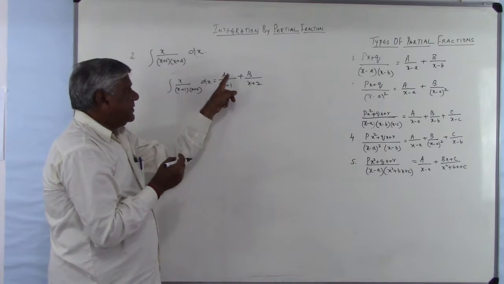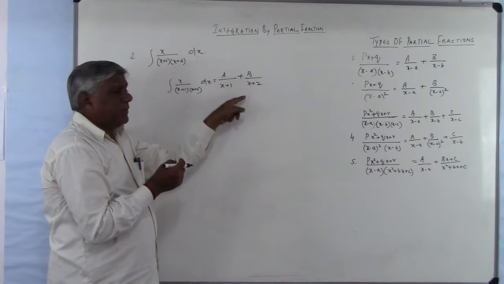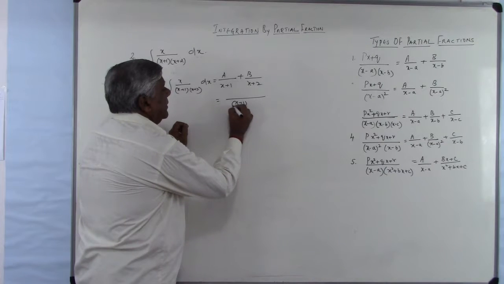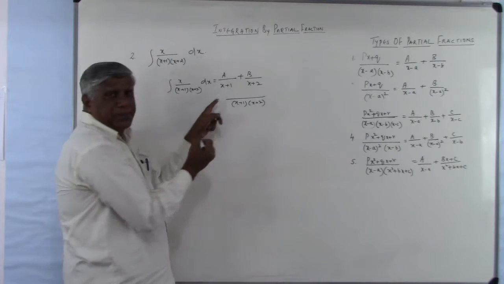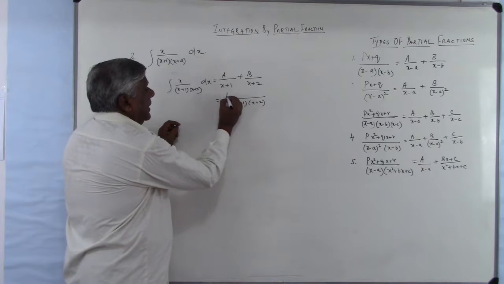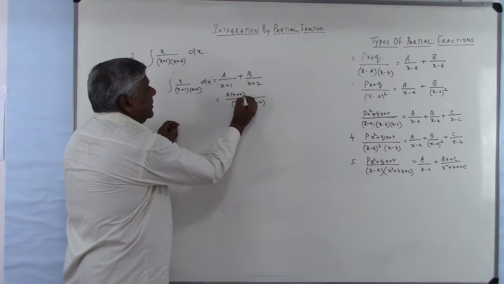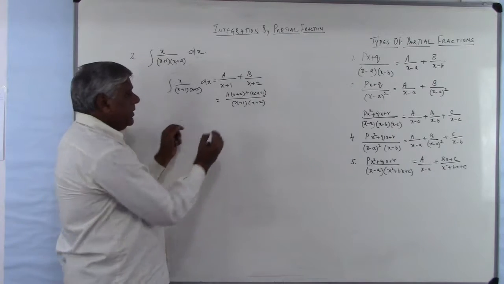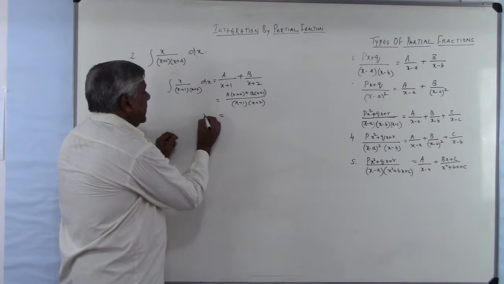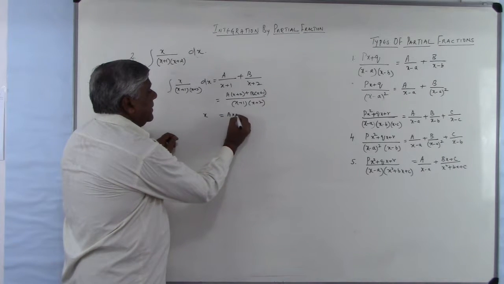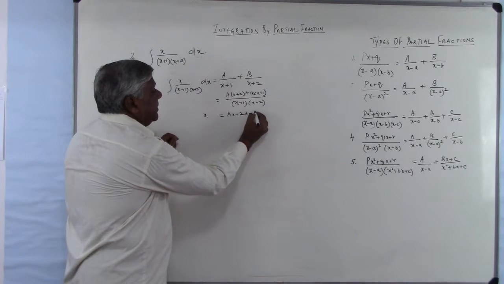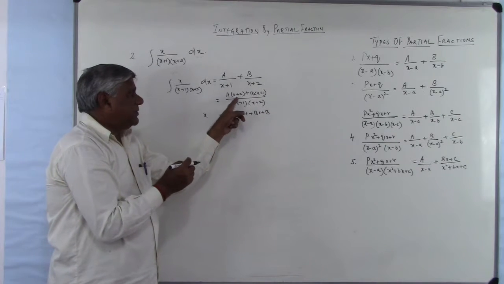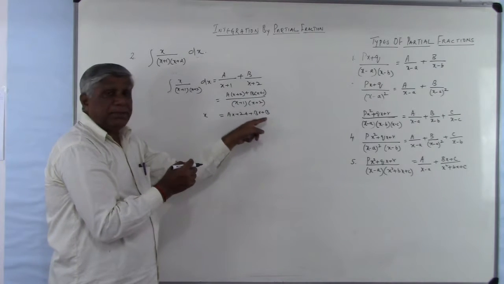This is equal to, I have taken LCM (x plus 1)(x plus 2), and here a into (x plus 2) plus b into (x plus 1). Now multiplying, x is equal to ax plus 2a plus bx plus b.